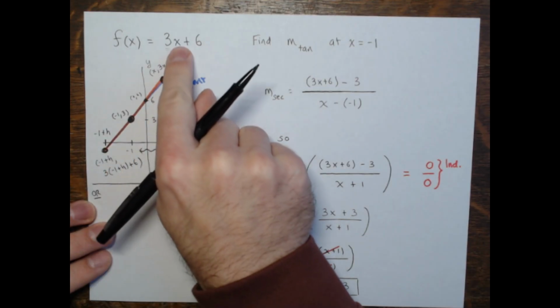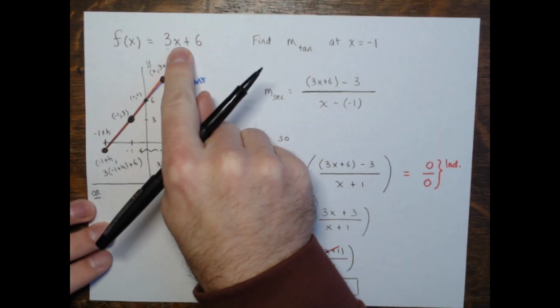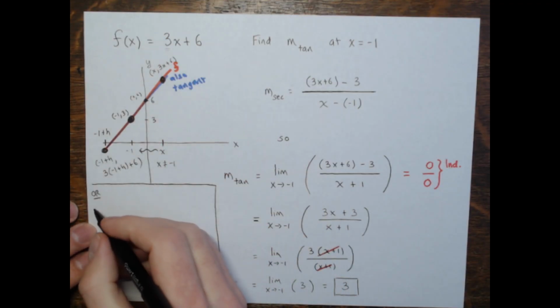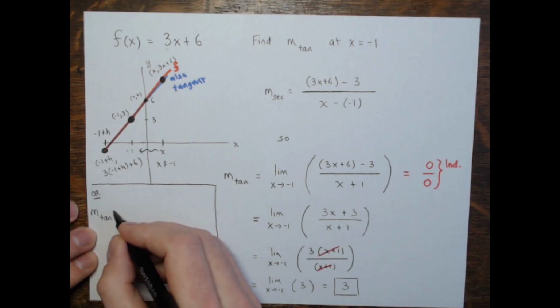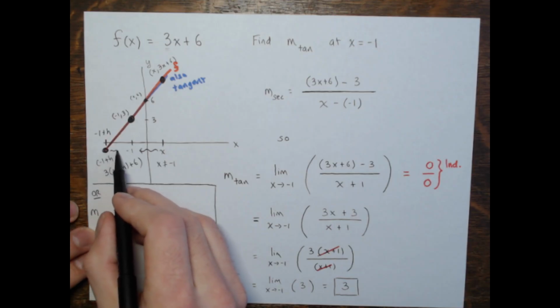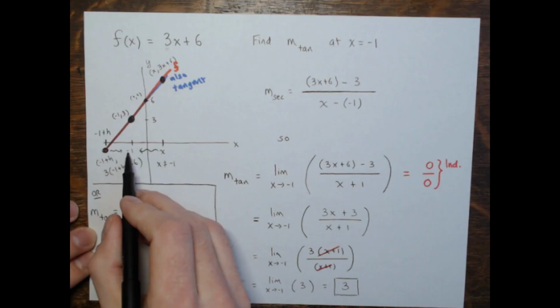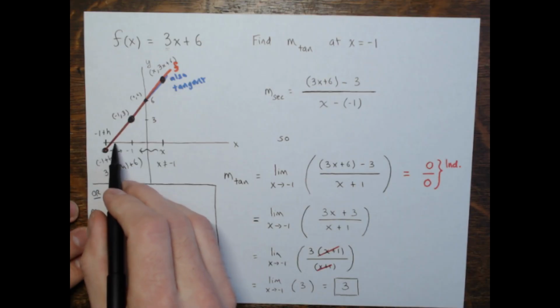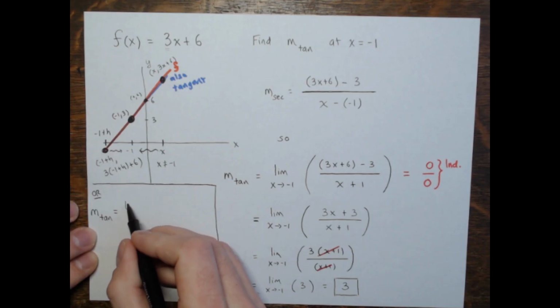So again, just plugging in -1 plus h for x into my rule for the function. So this other definition was the slope of the tangent line, and I'm going to have this -1 plus h get closer to -1.